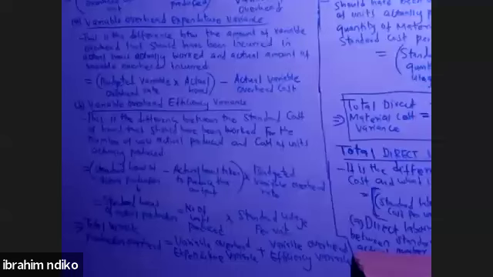So total variable production overhead is equal to variable overhead expenditure variance plus variable overhead efficiency variance.